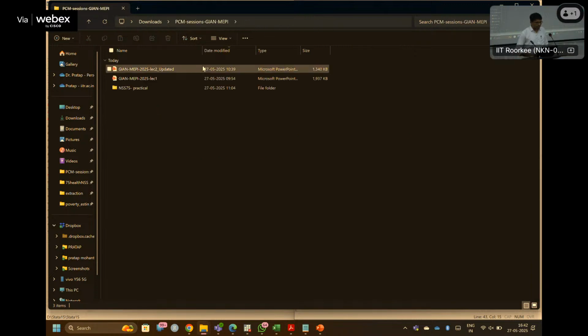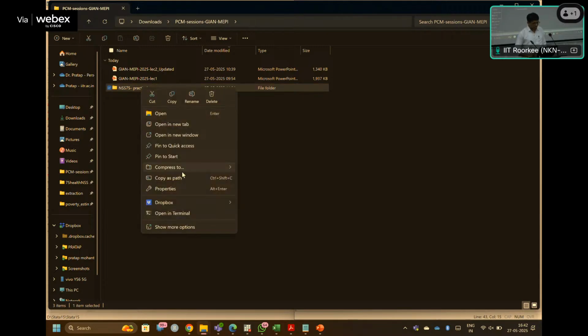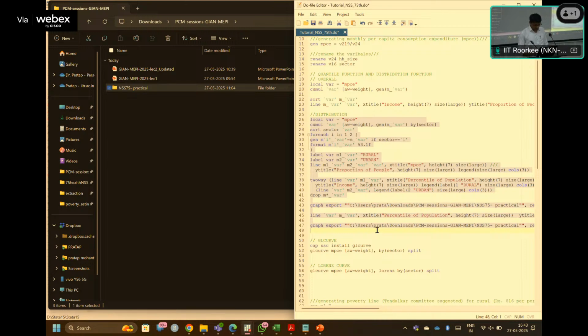Give the path name of this folder. These also need the path name. All right, so we will just operate the distribution function.